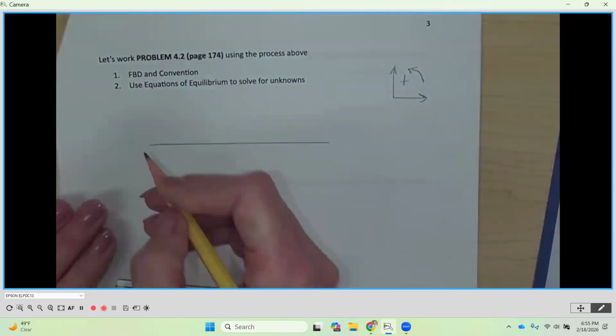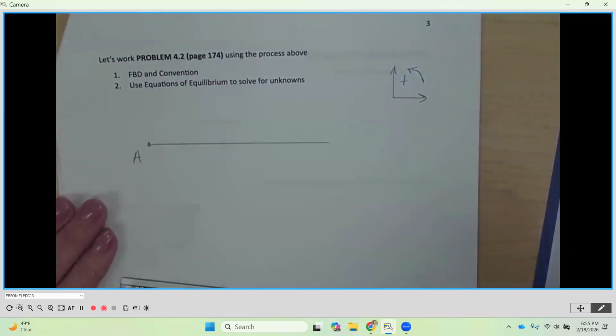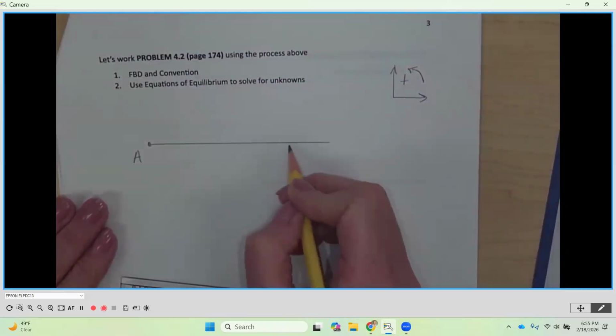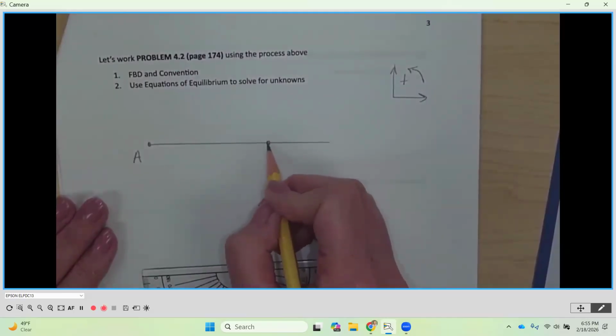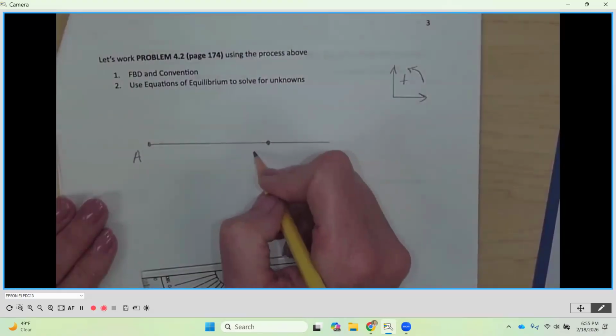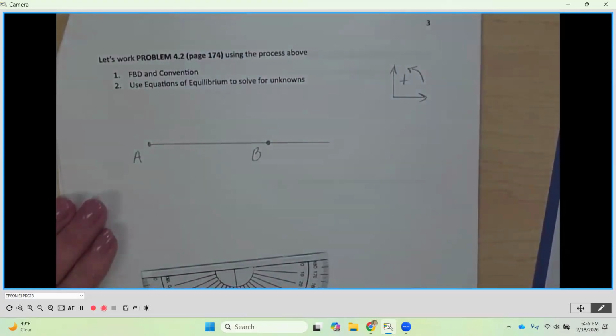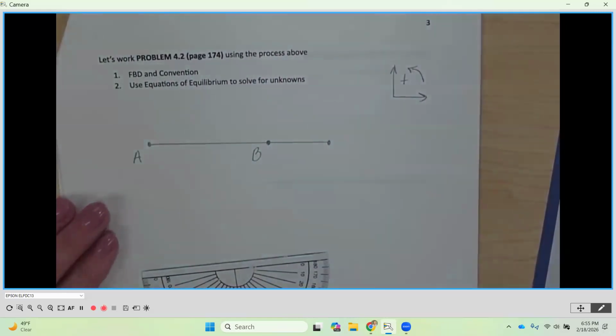The point over on the left-hand side is going to be point A. Then right about here, I'm going to put B, not all the way to the end, but this is going to represent point B. And on the very end here, this is going to be that 900 pounds. So I'm just going to put a point there for right now.